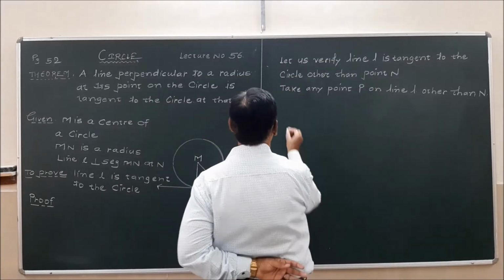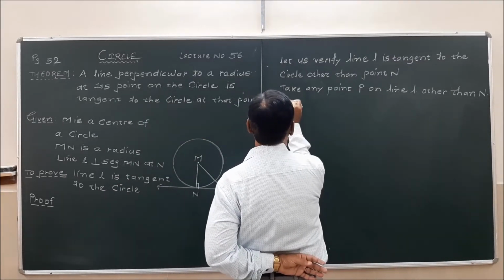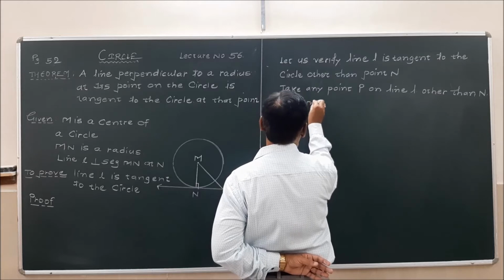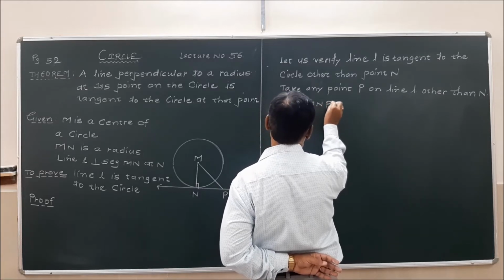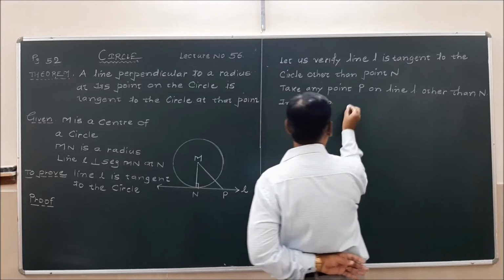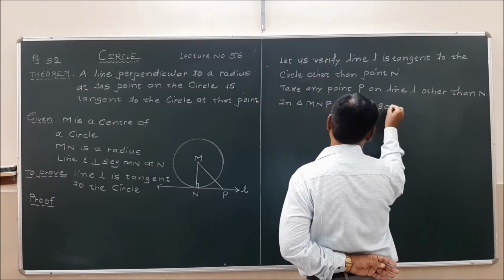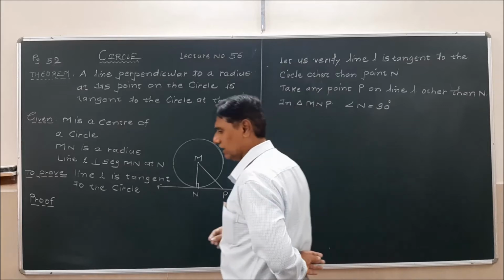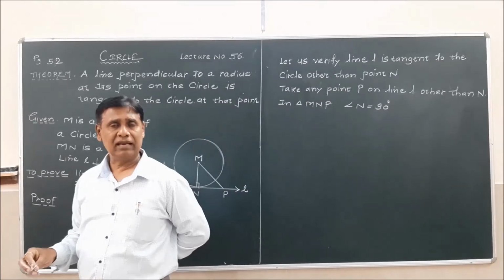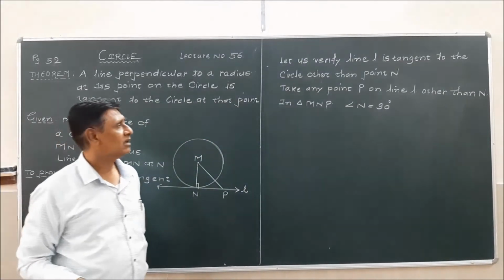In triangle MNP, angle N is 90 degrees. It is given.